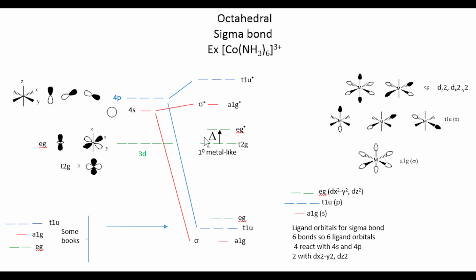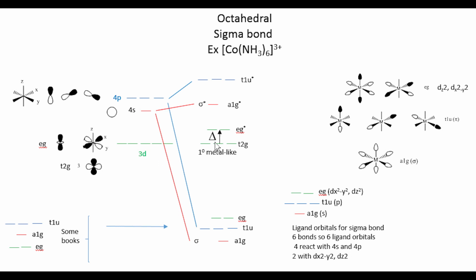And then the metal orbitals, there are the Eg orbitals. What we're going to have are 2 of those, the dz squared, dx squared minus y squared, can interact with the Eg orbitals from the ligand. So again, we have these 6 bonding MOs.